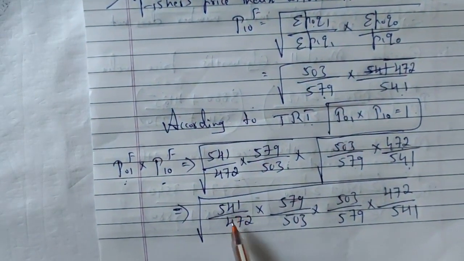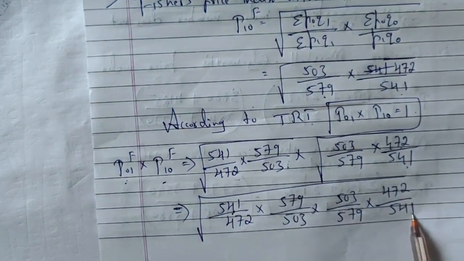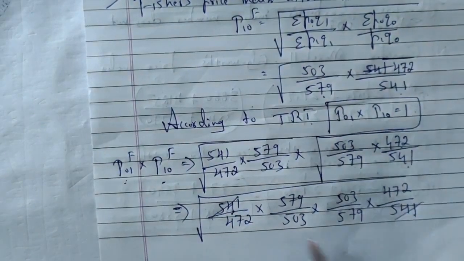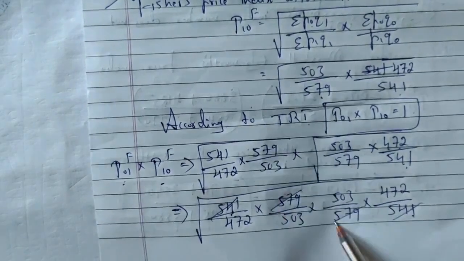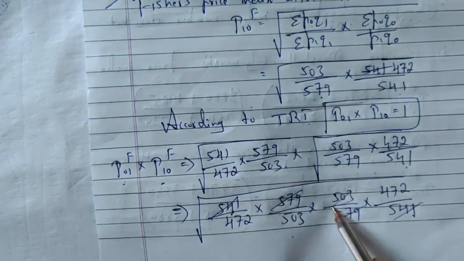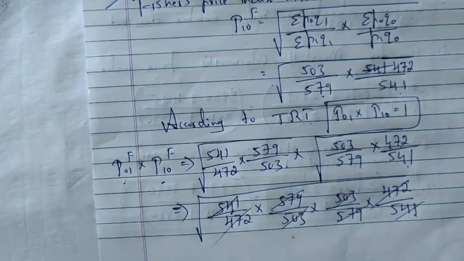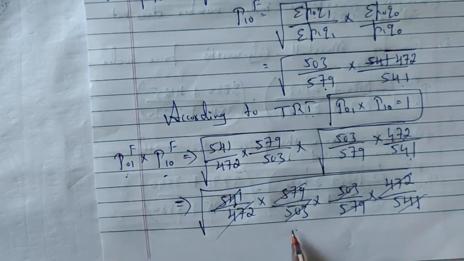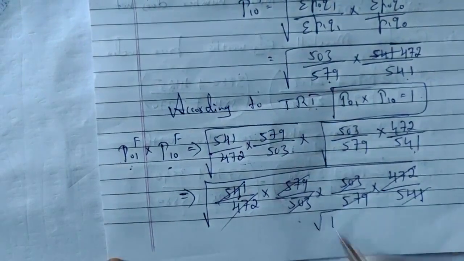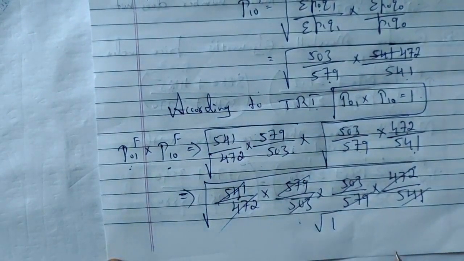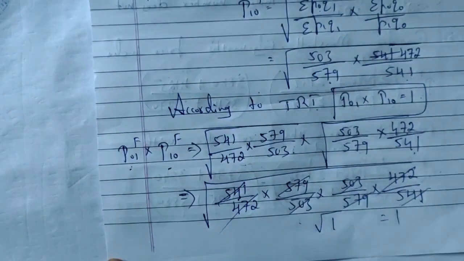Now 541 gets cancelled, 579 also gets cancelled, 503 cancels, 472 also gets cancelled. Now the remaining thing is square root of 1. So square root of 1 is equal to 1.